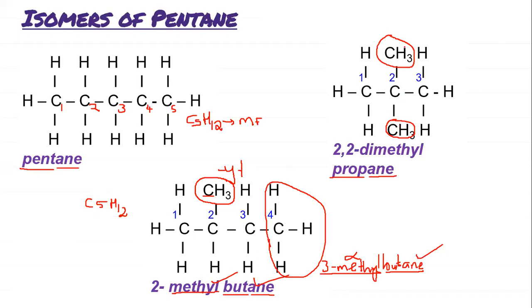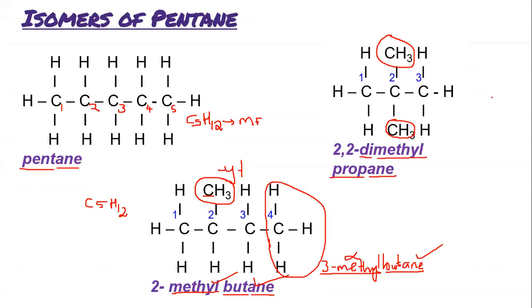My other substituent is a methyl on carbon 2. Can you see that now I have 2 of the same substituent? It means I have 2 methyl groups. So if I want to include it in the name, I won't say 2-methyl, 2-methyl. Why can't I say that? Because this is the same substituent. So because it's 2 methyl groups, I'm going to say it's a dimethyl.